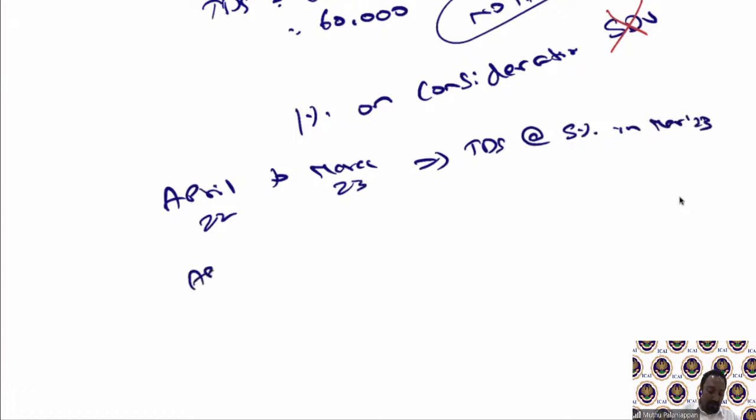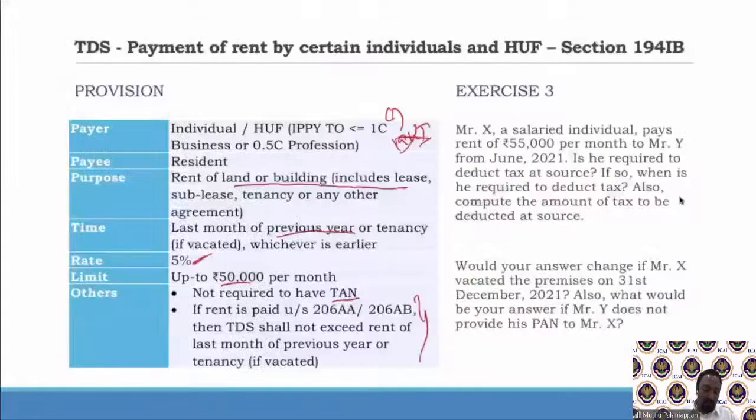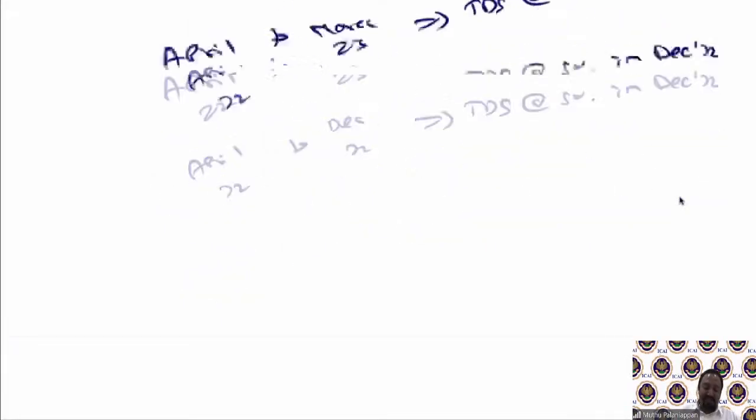If I'm vacating, let's say I'm staying from April 22 to December 22, then TDS at 5% in December 22. So whichever is earlier, March or the month in which you lastly occupied the property. That is what is provided here. It is only applicable if the rental is more than 50,000. What is 206AA and 206AB? We'll discuss this later in this session itself. For the time being, I'll explain what it is.